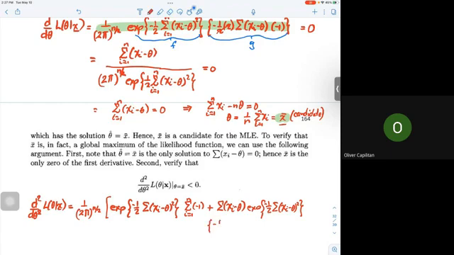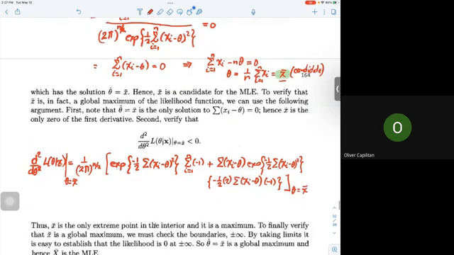Negative 1/2 times 2. We have here the summation of x sub i minus theta times negative 1. By the way, we're going to evaluate this. Theta is equal to the sample mean.